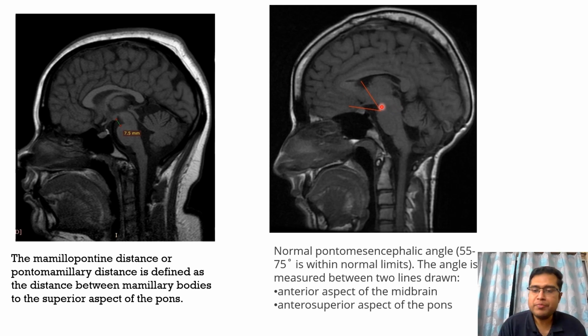Then the pontomesencephalic angle is measured, and it is drawn between two lines: the anterior aspect of the midbrain and the anterosuperior aspect of the pons. The normal angle is 55 to 75 degrees, and a reduction in this particular angle is suggestive of idiopathic intracranial hypotension.